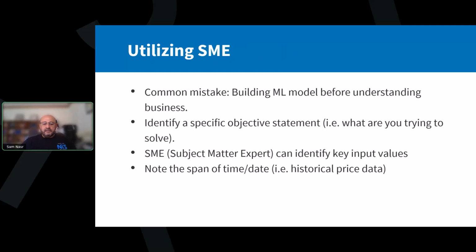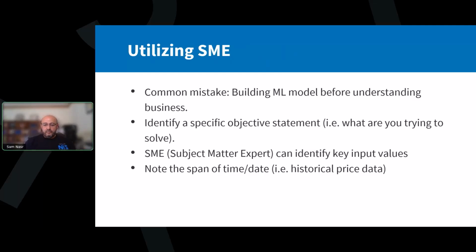Another thing to consider is the time and date of historical data. So with machine learning, we always say more data is better, creates a more accurate model, which is true from a very high level, right? However, when you're taking home prices into consideration, for example, the date of when that home was sold will greatly affect the final outcome.